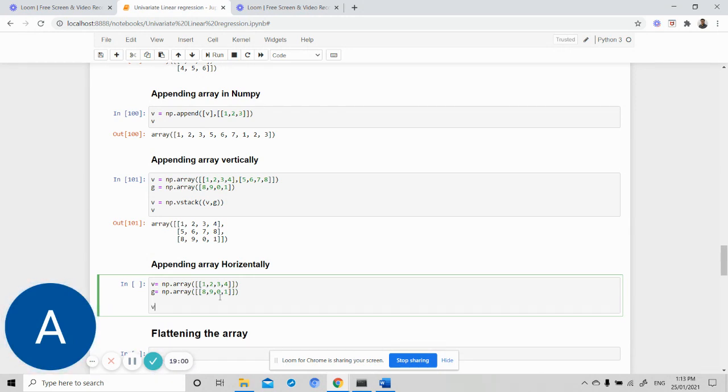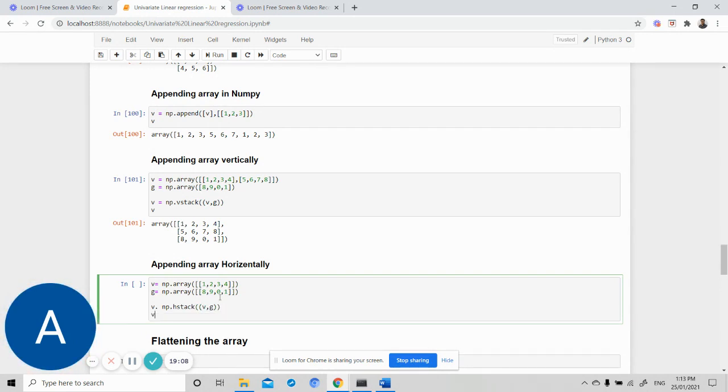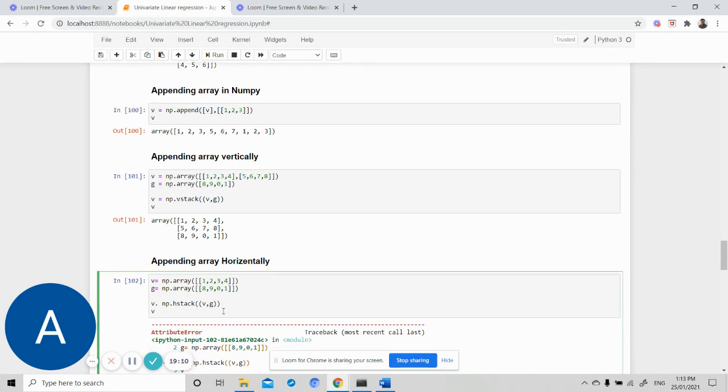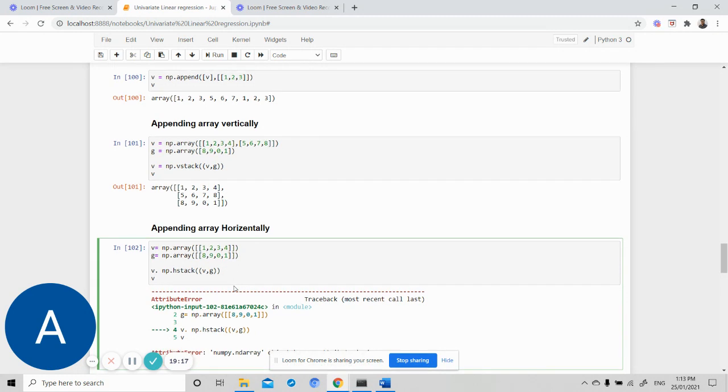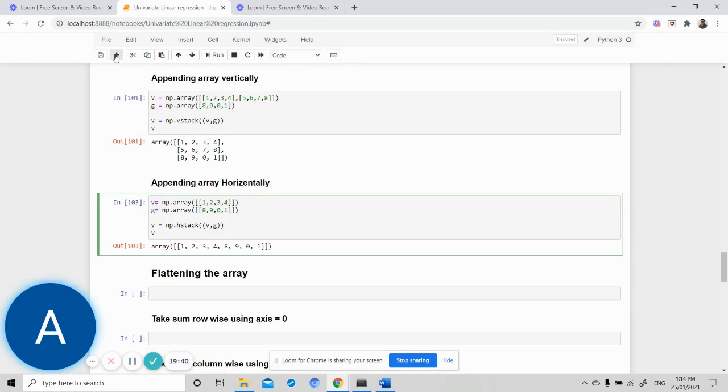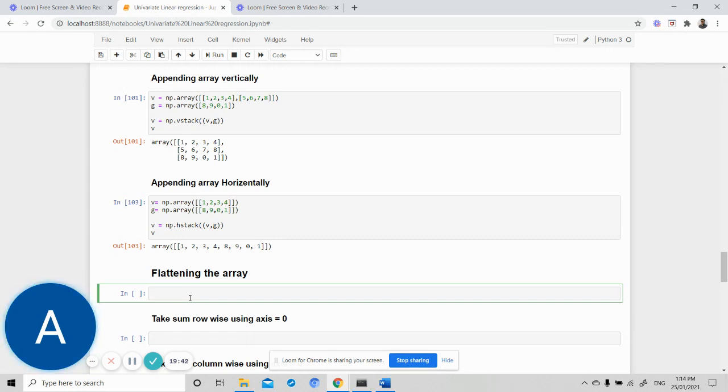We use np.hstack of b comma g. If we need to flatten our array, we can say b.reshape(-1).